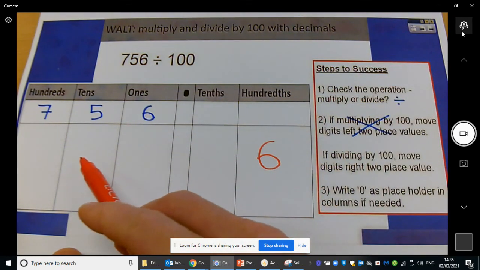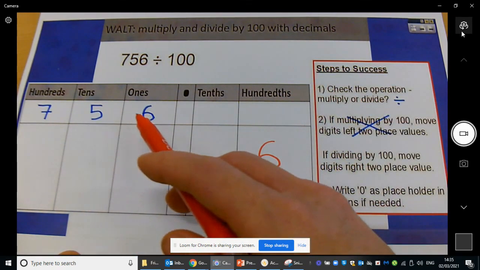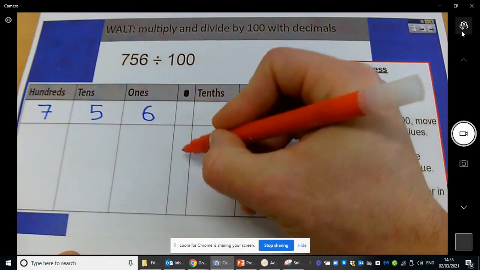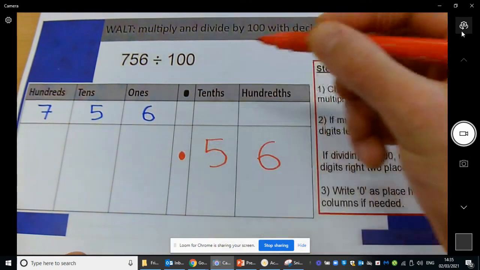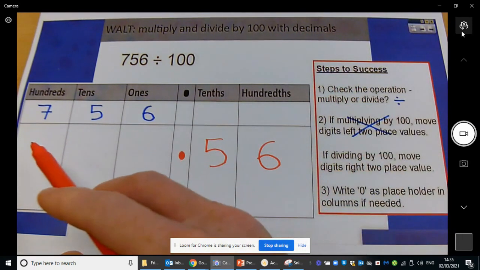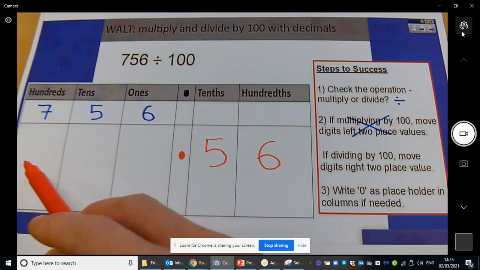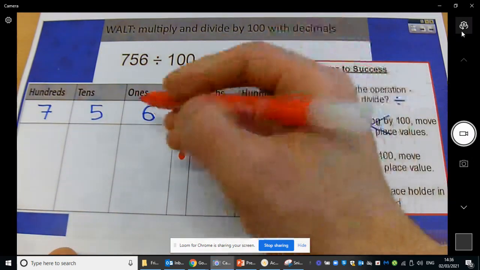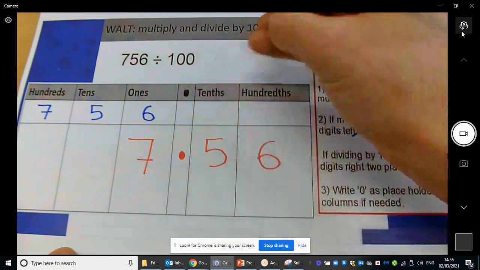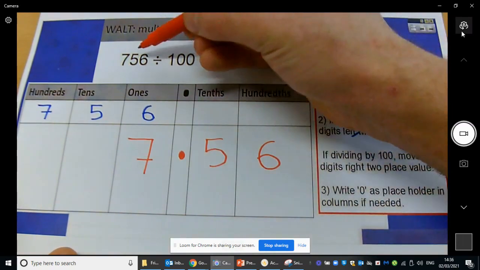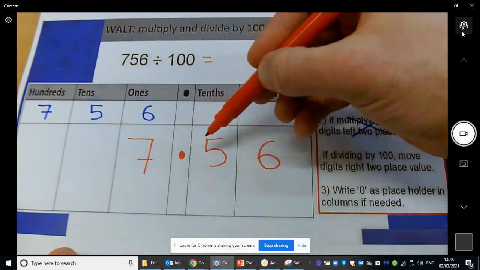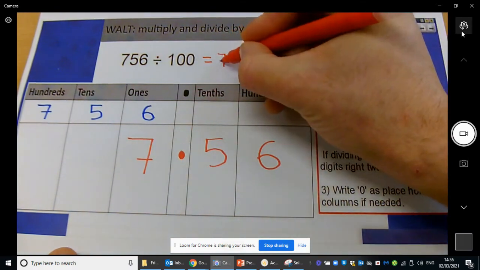Our 5 tens are going to become 1, 2, 5 tenths. Now we need to put that decimal point in there. And our 7 hundredths are going to become 7, what do you think? 7 ones. So 756 divided by 100 is 7.56.